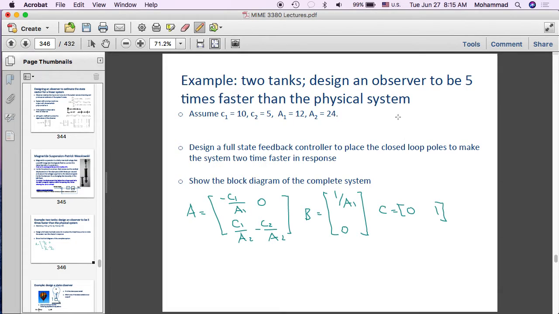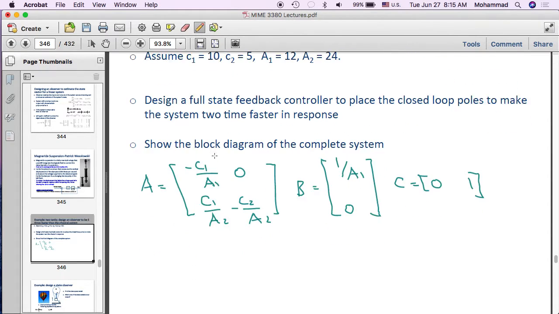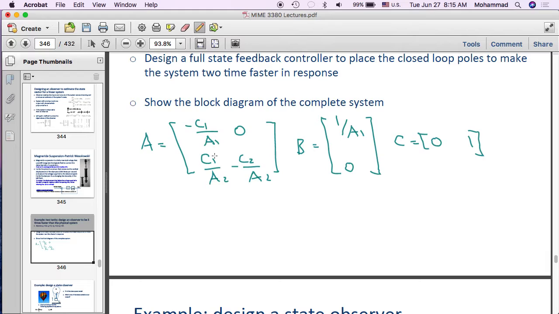So we need to know how fast the open loop system is, so we can design an observer that is 5 times faster than the open loop system. So how do you establish the speed of the open loop system? What do you need to find in order to establish the speed of the open loop system without any observer? You need to look at the eigenvalues of matrix A.